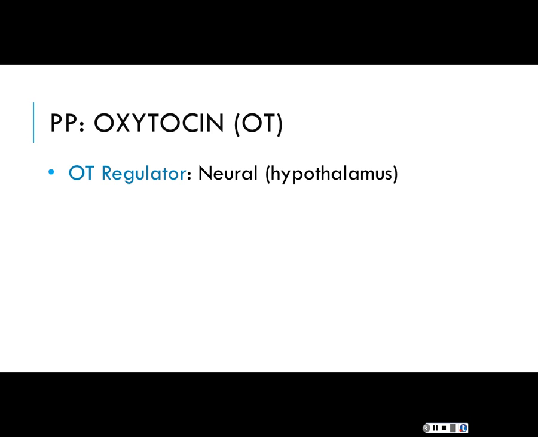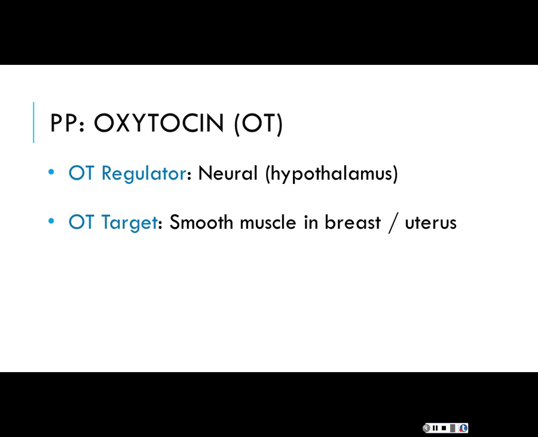Reminding you, we're looking at the major targets. We're not looking at everything. What do you think the major target for oxytocin is? The most famous target, the uterus, which is smooth muscle in the uterus. It also targets the smooth muscle in the mammary gland, in the breast tissue. Why do you think?